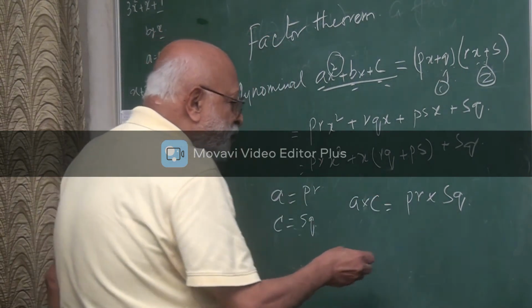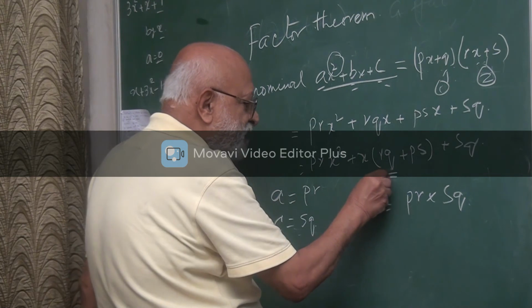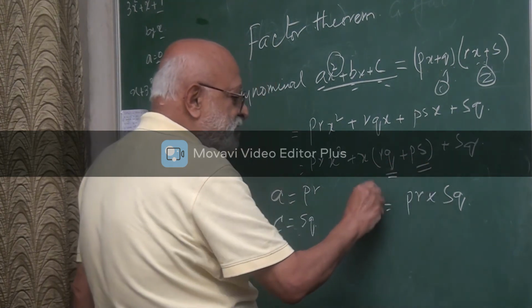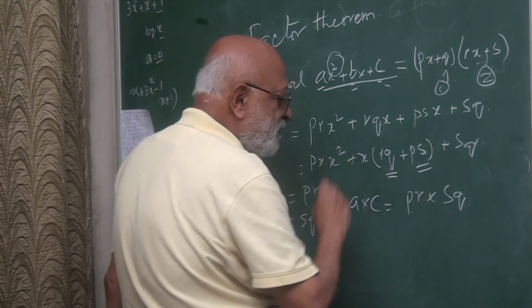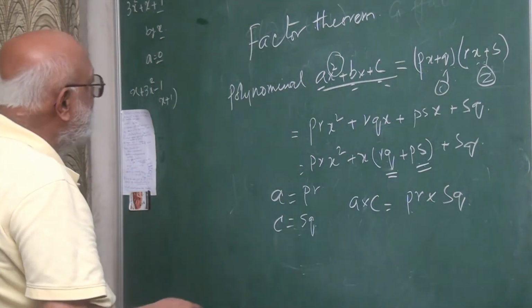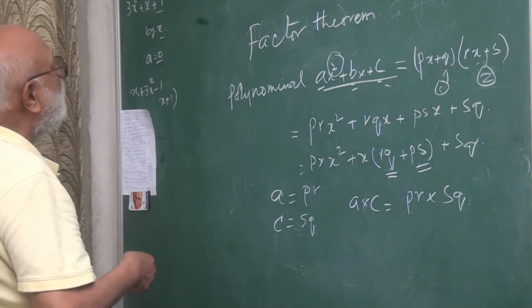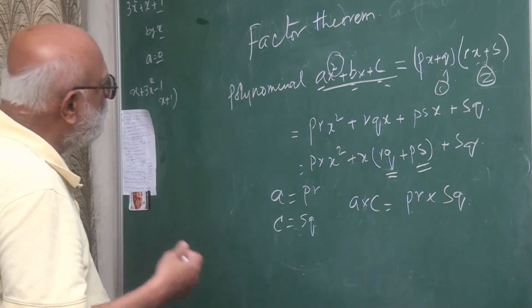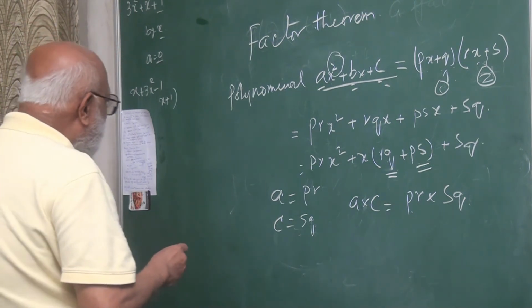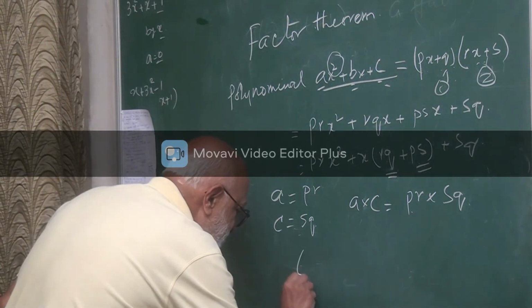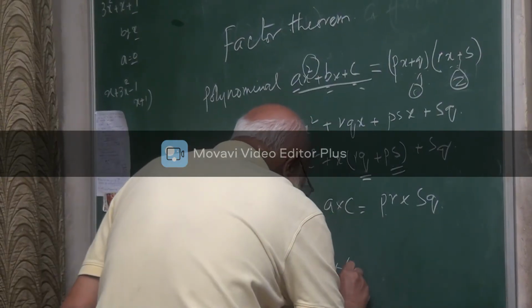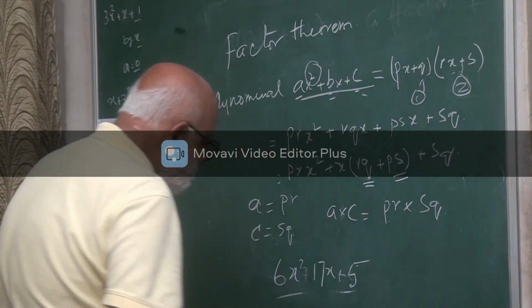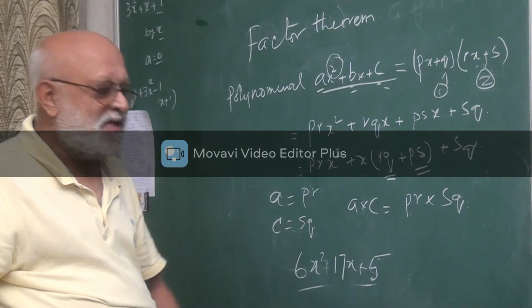So the product here is the product of this addition. How will it be? Let us take an example: 6x square plus 17x plus 5.